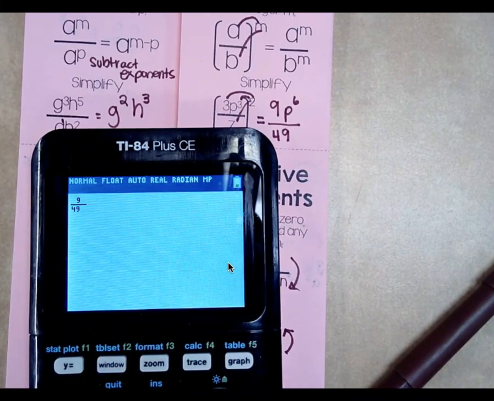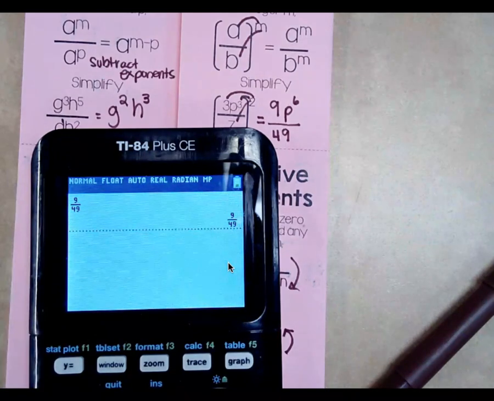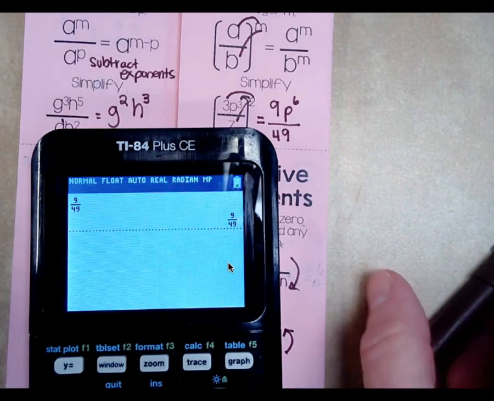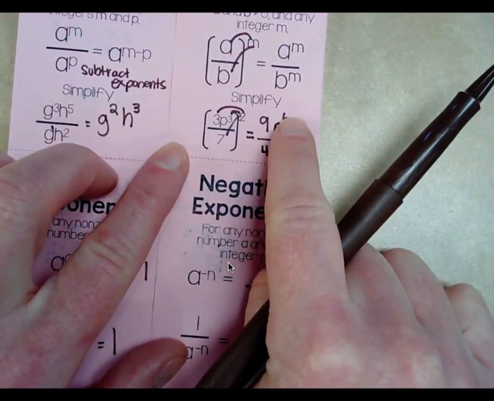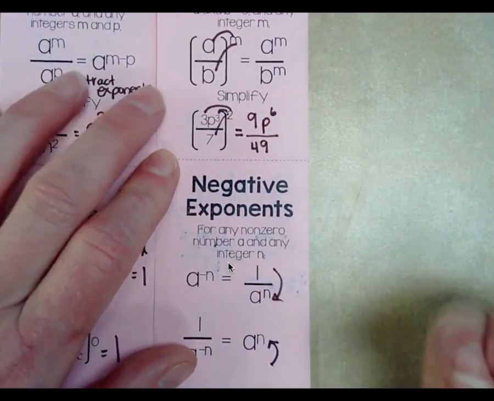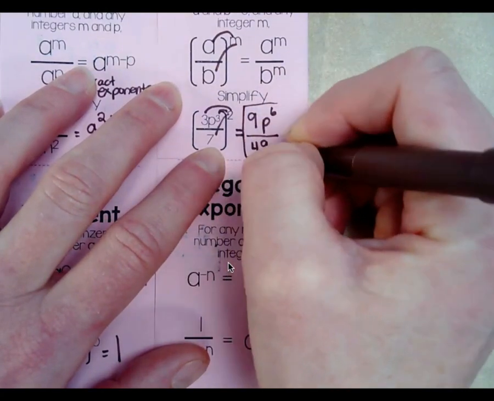If you put it in as a fraction, it's going to simplify it as a fraction if it can be simplified. Don't just put 9 over 49 as a division, because that's going to give you a decimal. We want it to stay as a fraction. It comes out the same thing, so we cannot simplify it. So we leave it just like that. And then our p to the 6, there's nothing else that can be combined with it. So this is just our answer.